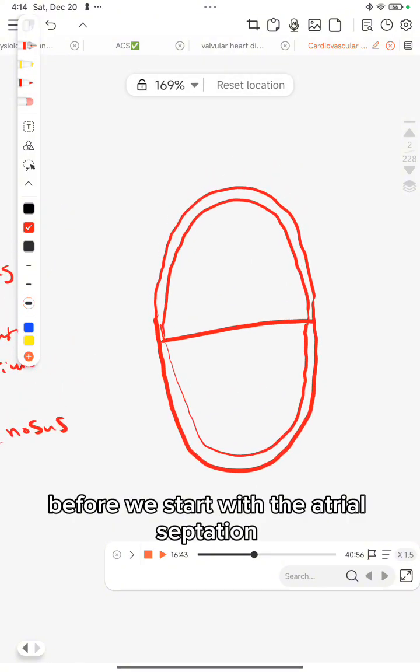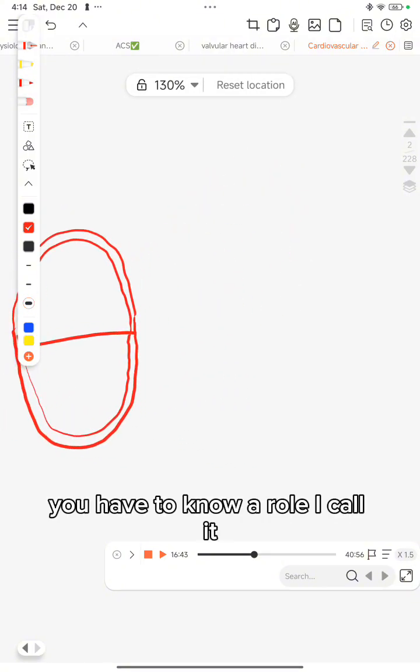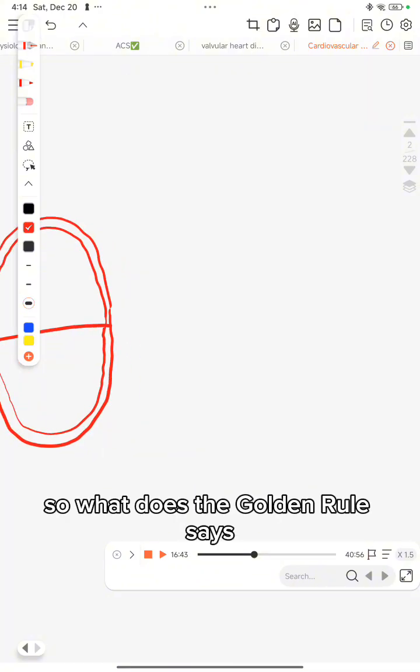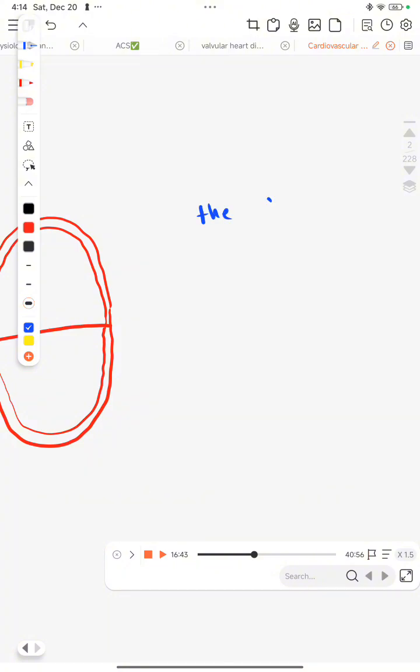Before we start with the atrial septation, you have to know a rule. I call this rule the golden rule. So what does the golden rule say?